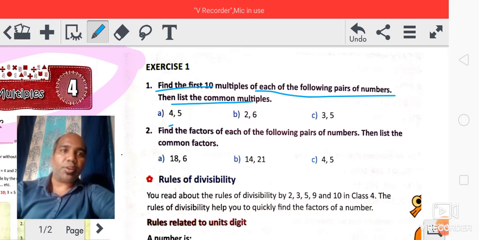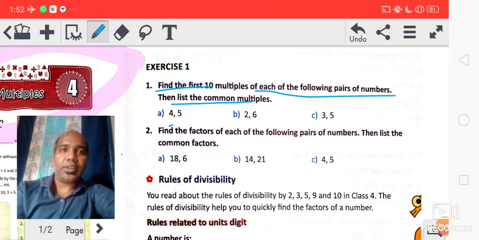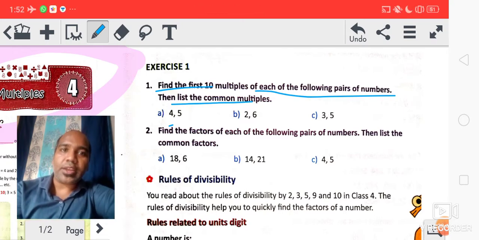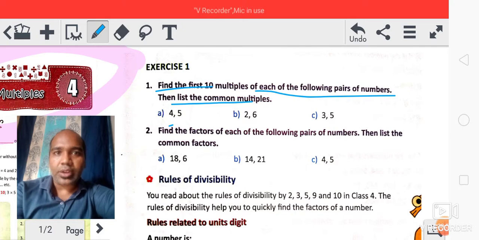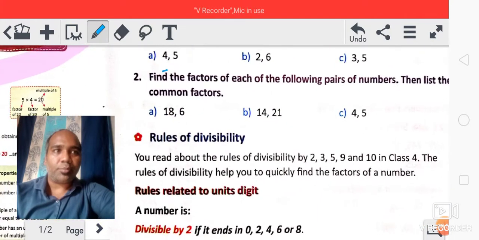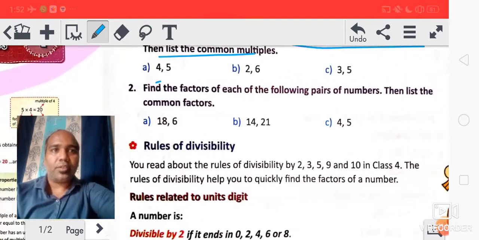Then multiples of 5: 5, 10, 15, 20, 25. Multiples of a number means the numbers which come in the table of that number. Those are called multiples of those numbers.